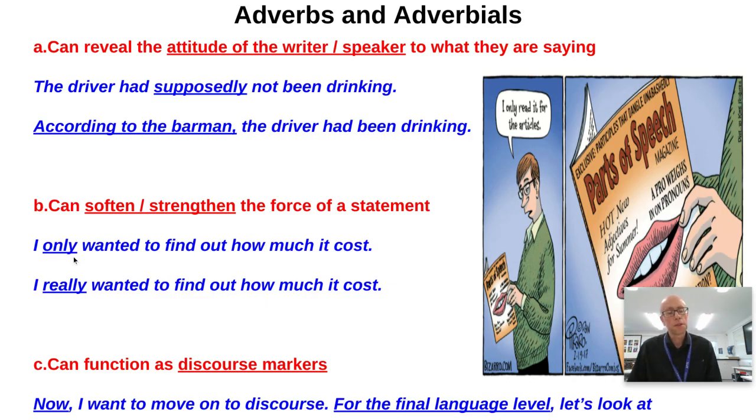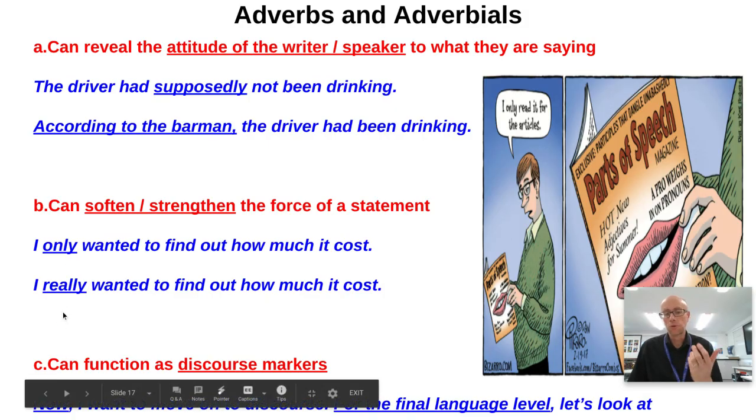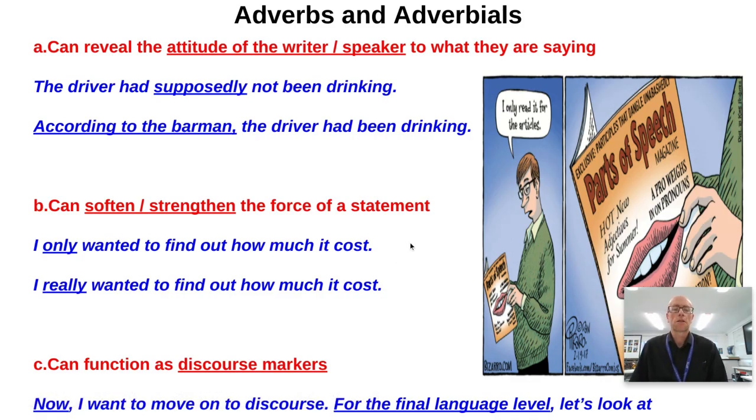So these are called mitigating adverbs. The opposite of that is an intensifying adverb, like, I really wanted to find out how much it cost. This strengthens the force of a statement. So that's called an intensifying adverb.